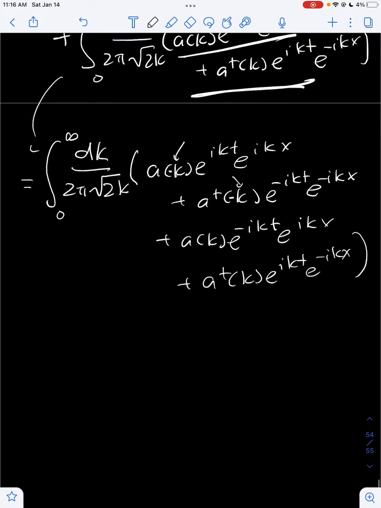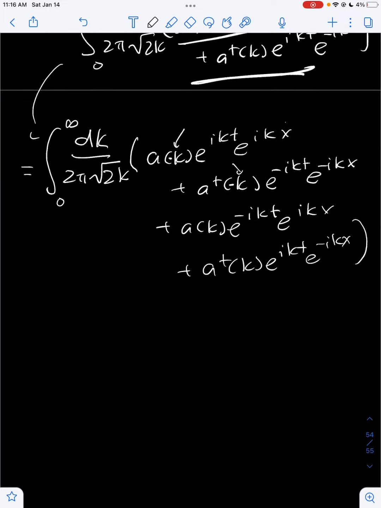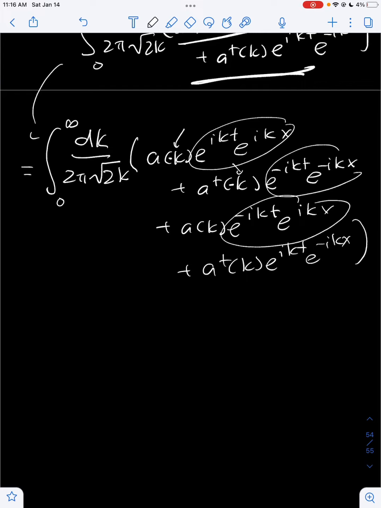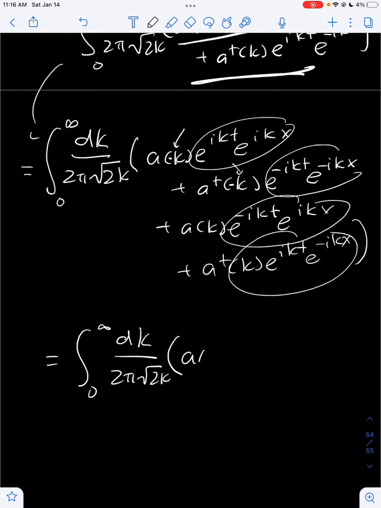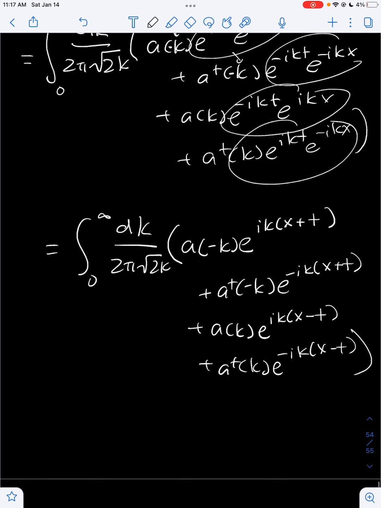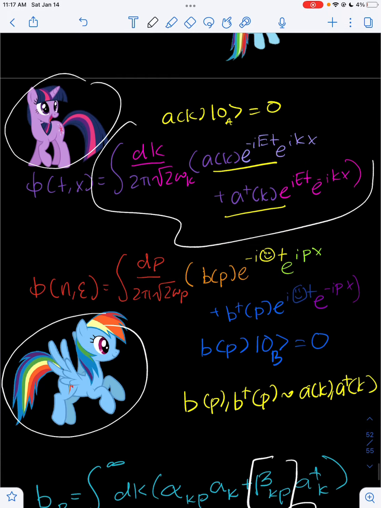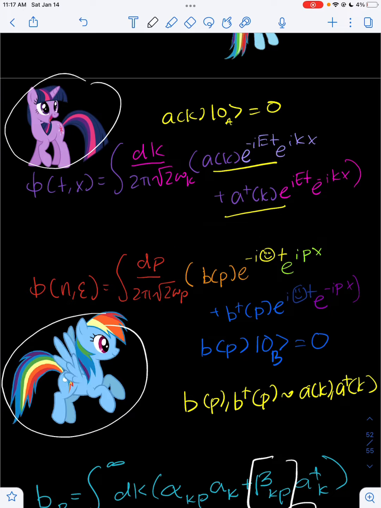So now we can combine the exponentials. That's going to give us 0 to infinity. So that gives us this over here. Again, it's the exact same thing as over here, just rewritten in a different form.